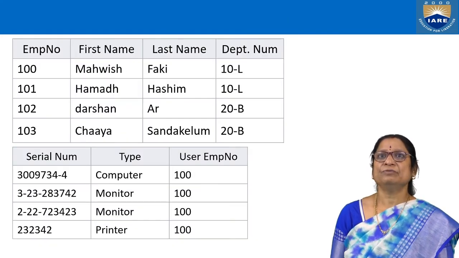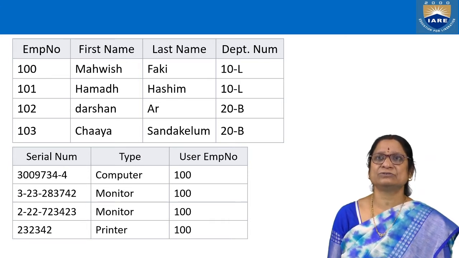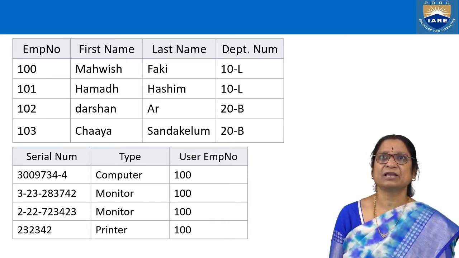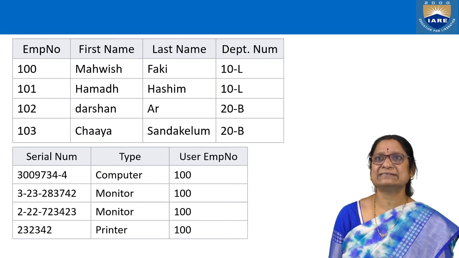Now, I'll give an example of how hierarchical data structures can be stored in a hierarchical data management system. Take this table, the employee table. The first table is the employee table, having employee number, first name, last name, department number.